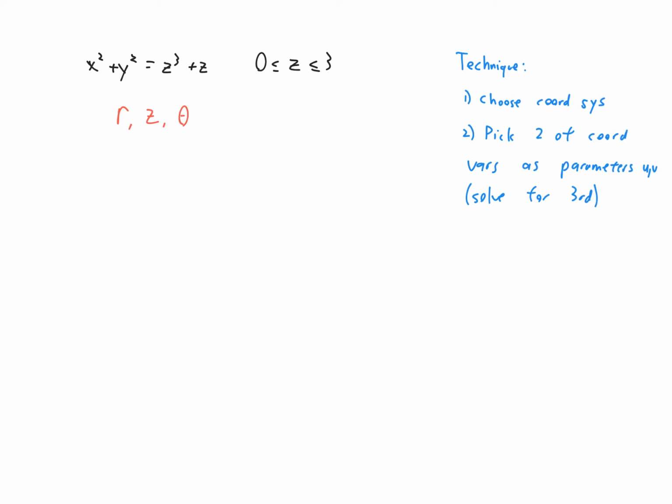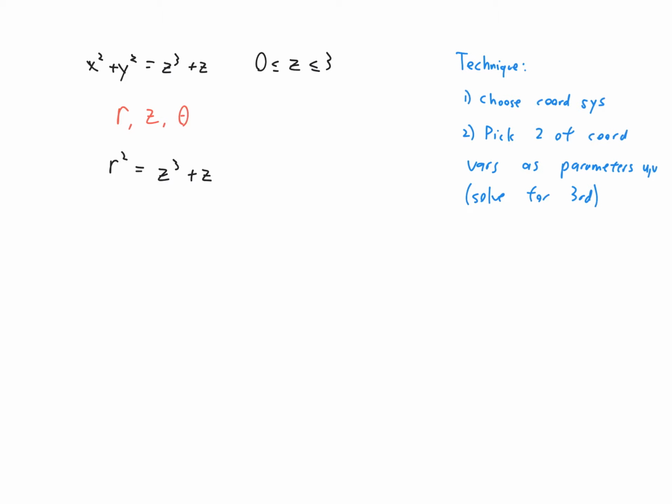Now let me first start by rewriting the equation. It'll be r squared equals z cubed plus z. So I need to pick two of the coordinates as parameters and then solve for the third. So among r, z, and theta, which one seems to be the easiest to solve for in this equation is a question you should ask yourself.